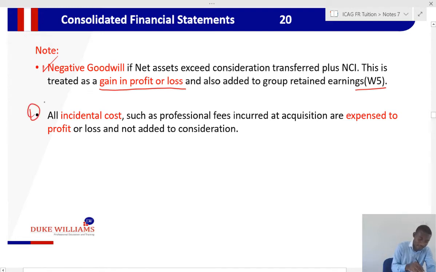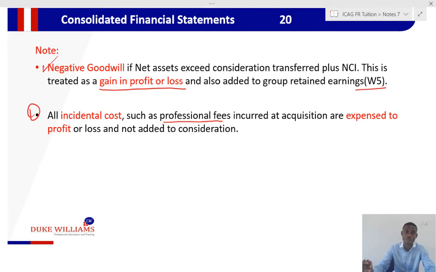Note that, very important, any incidental cost such as professional fees paid to maybe valuers or due diligence exercise that was carried out in order to determine the true value of the subsidiary, all such incidental costs are expensed to profit or loss. They are not capitalized as consideration.